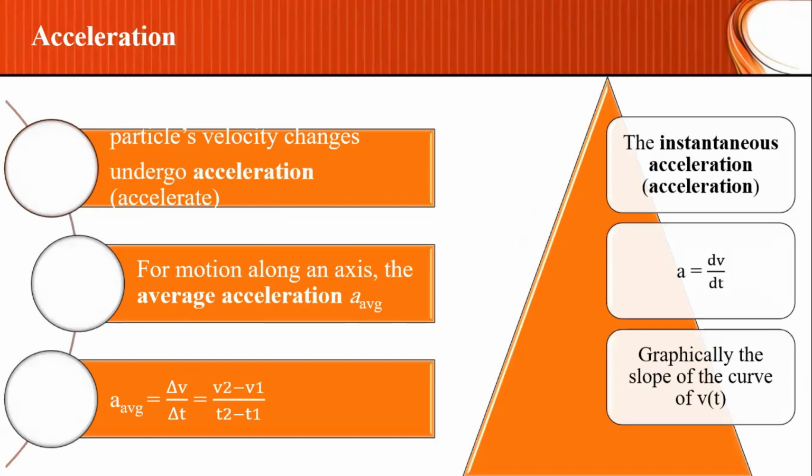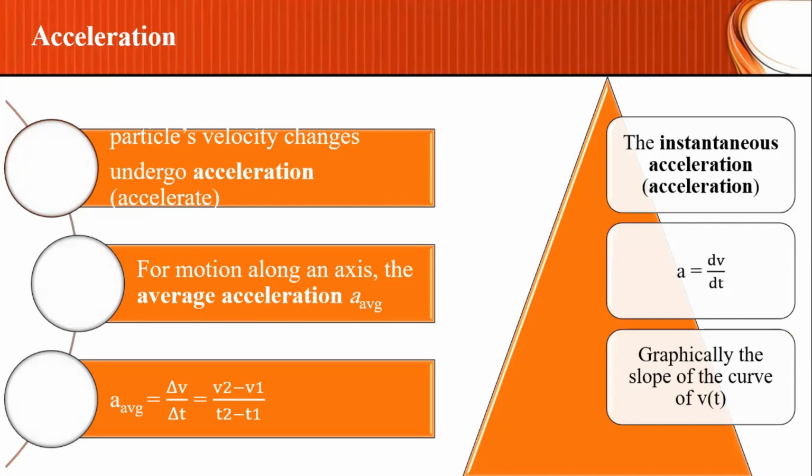When a particle's velocity changes, the particle is said to undergo acceleration, or to accelerate. For motion along an axis, the average acceleration a_avg over a time interval delta t is a_avg equals delta v over delta t, equal to v2 minus v1 over t2 minus t1.